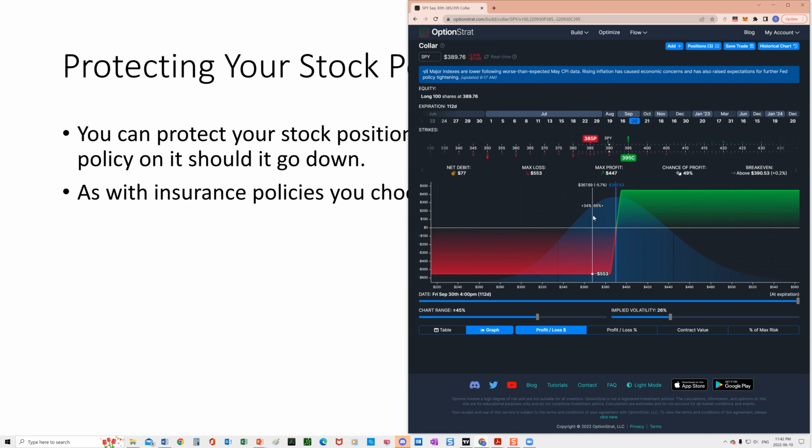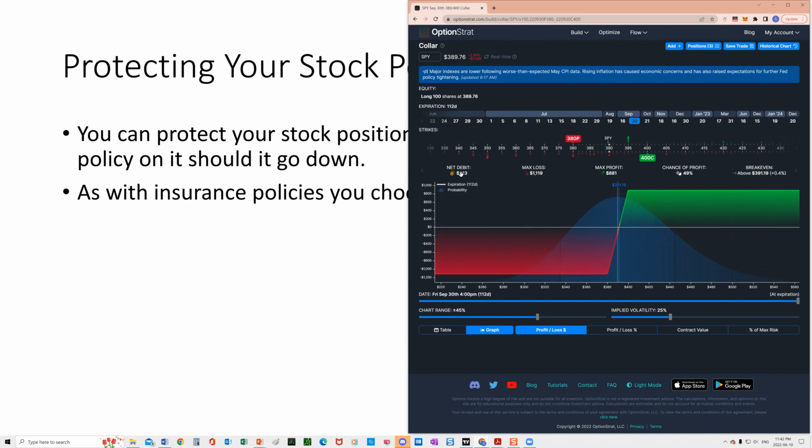Now, again, every strategy has its benefits, but it also has its risks. What's the benefit? Well, here you're protecting yourself to the downside, but you're also capping yourself to the upside, right? So if you just want to say, hey, I'm willing to give it a little bit more room, well, you can see how you can do that.